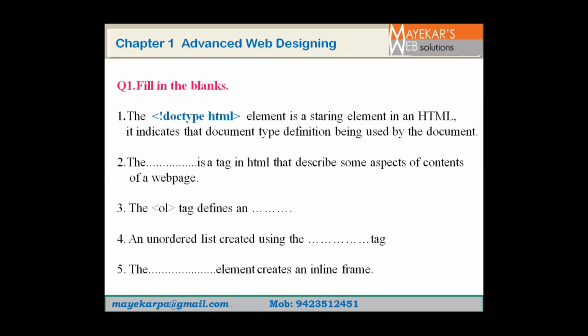So for the right answer you have to write the doctype element as it is: less than sign, exclamation mark, doctype space HTML, and then close the angle bracket. In this way you have to write your answer.